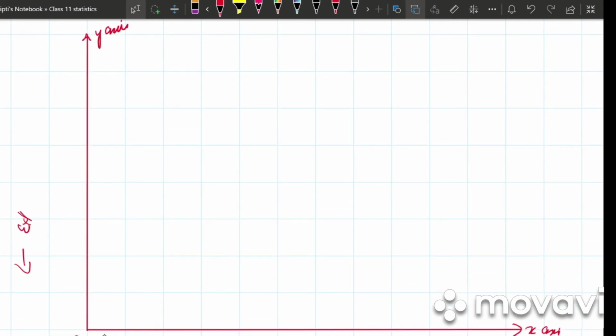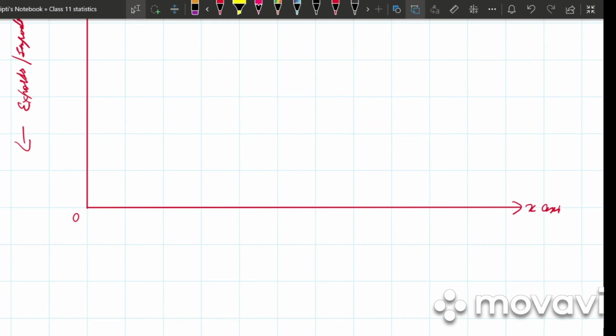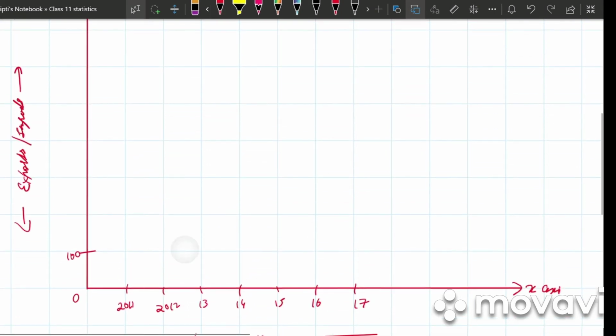Y-axis denotes exports, imports, and x-axis will denote the year. So again it starts from 2011, 2012, 13, 14, 15, 16 and 17. And the scale will be 100 to 600.